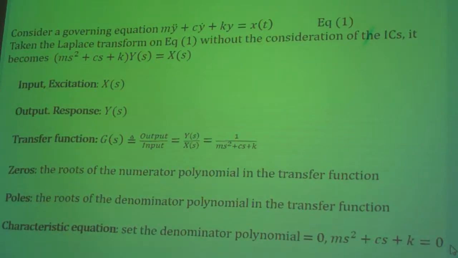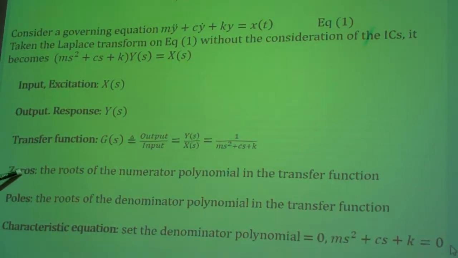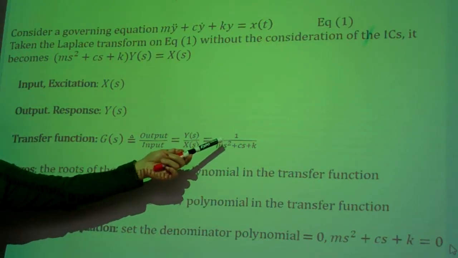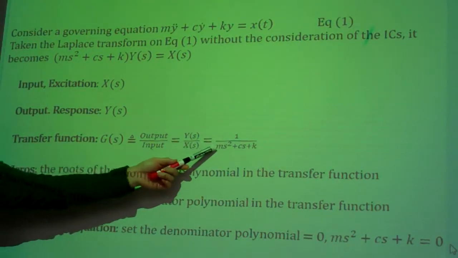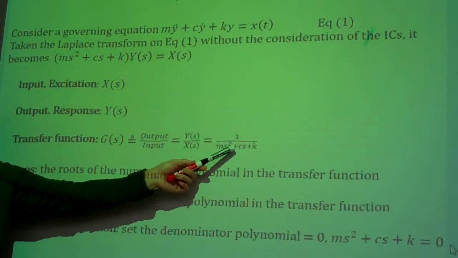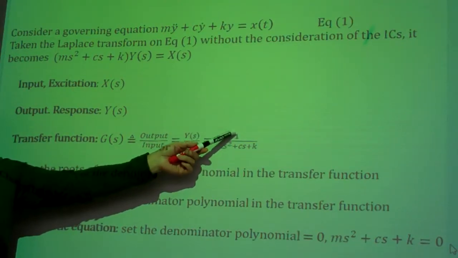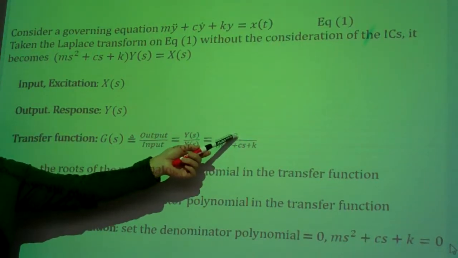Zeros and poles, we rarely use these two terms in vibrations. But basically poles are the roots of the denominator's polynomial, and zeros are the roots of the numerator's polynomial, which is constant for this case.